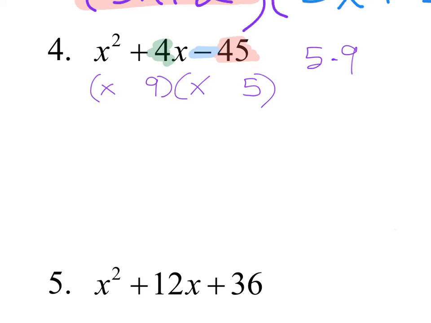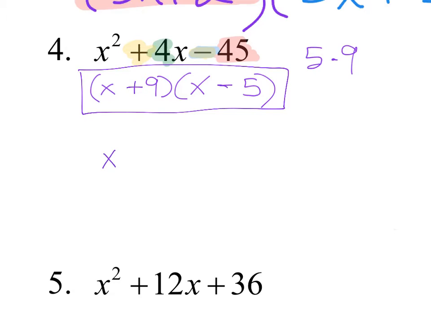Okay, so since this is a minus, they're different. And the larger is plus. So the 9 being the larger one is our plus. All right, so that's our answer. Now I'm going to double check this by doing a FOIL. So I have x squared firsts, outer, whoops, it's not a plus, it's going to be minus 5x.